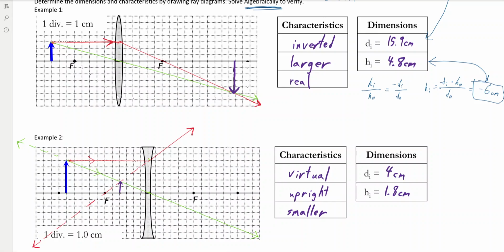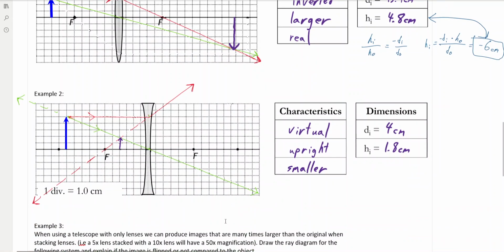So now we can use the algebra to try to solve for the different values here. So if we just do 1 over F equals 1 over dO plus 1 over dI, we can do the exact same as in the previous question. And so we're just going to skip ahead a little bit there.